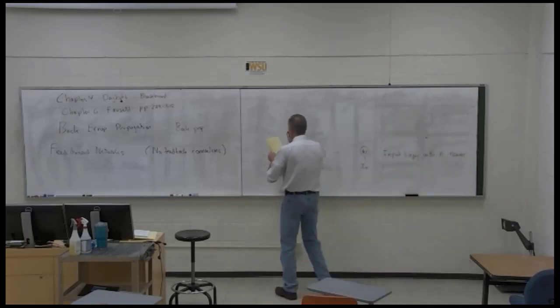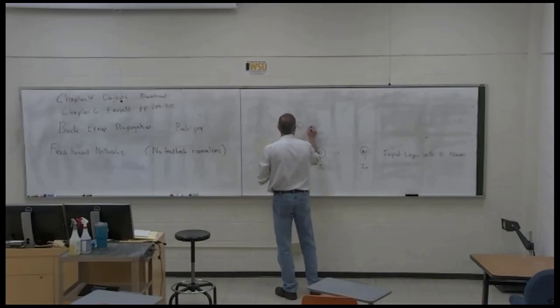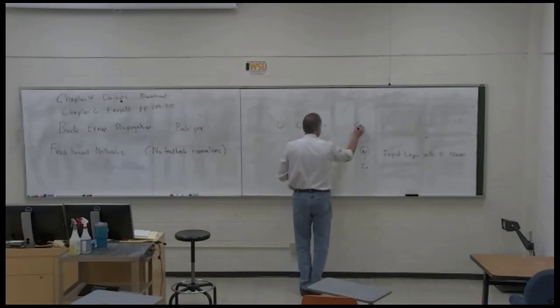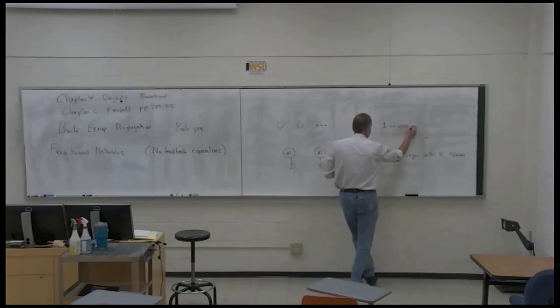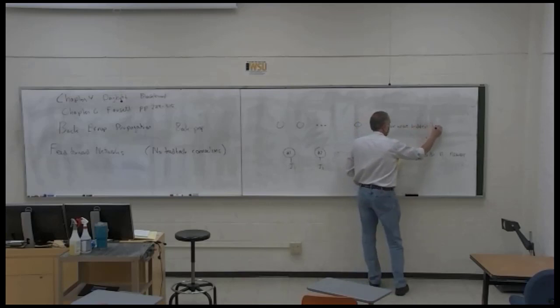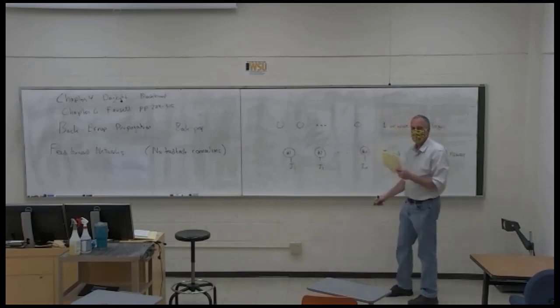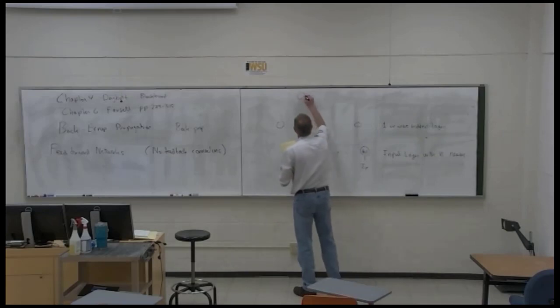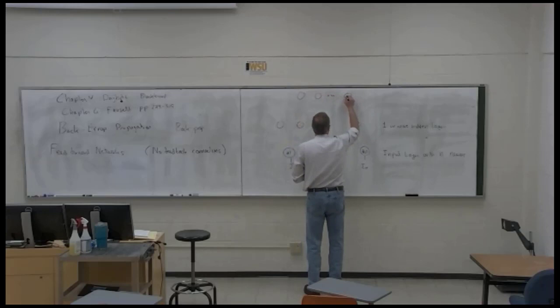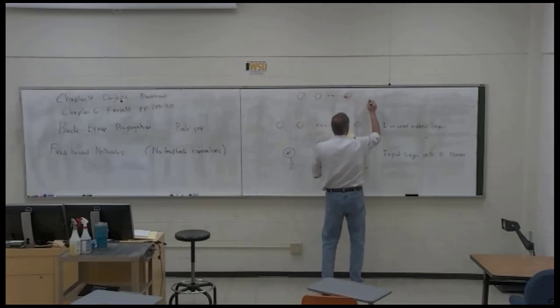There's one or more hidden layers. So I'm just drawing one, but you could have more. And then there's an output layer with M neurons.